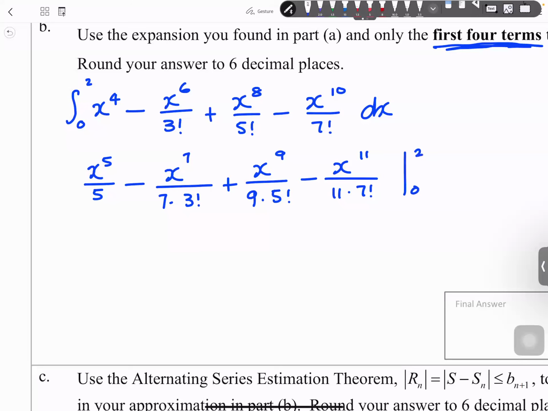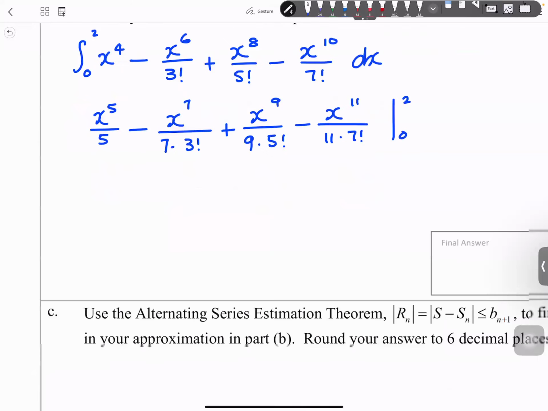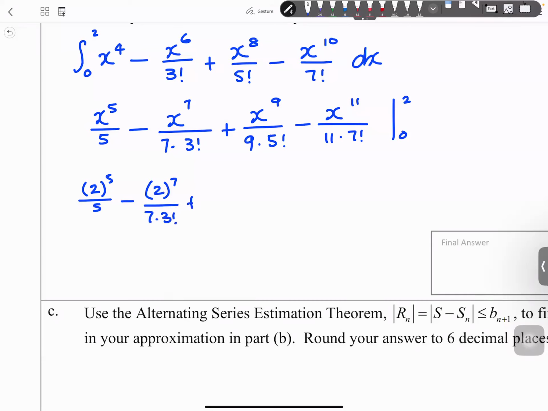And I'm going to evaluate from 0 to 2, right? So plug in top minus plug in bottom. So that's going to be 2 to the power 5 over 5 minus 2 to the power 7 over 7 times 3 factorial plus 2 to the power 9. Show all your steps. I know this seems really redundant, but show all your steps.